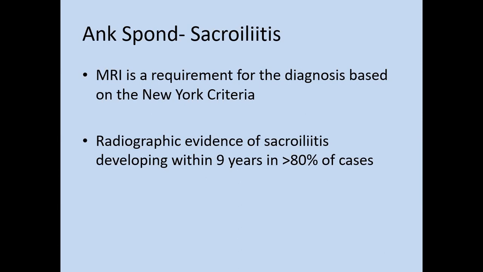I would suggest an MRI scan in my report because MRI is very helpful and is the mainstay as far as the New York criteria for ankylosing spondylitis are concerned. Sacroiliitis can happen in ankylosing spondylitis in about 80% of patients or more in the first 9 years of the disease. So you would expect to see sacroiliitis in patients with ankylosing spondylitis at some stage in their disease progress.